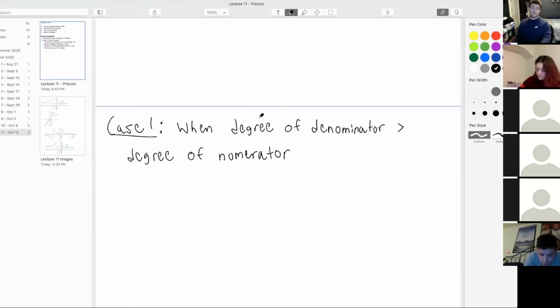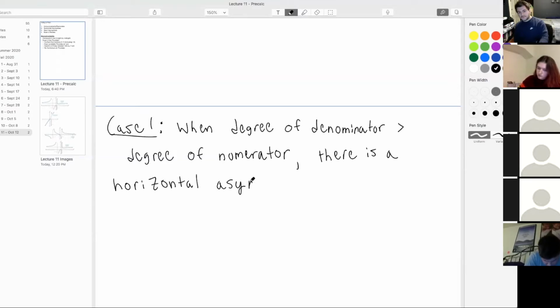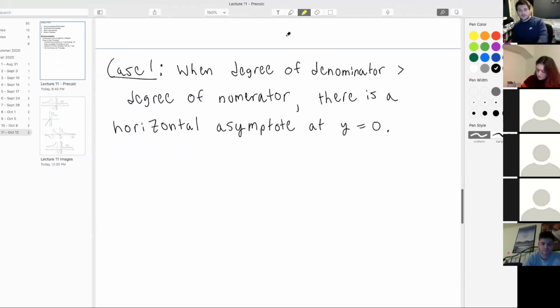When this happens, when the denominator polynomial has a strictly greater degree than the numerator polynomial, there is a horizontal asymptote at y equals 0. Okay, so that is the conclusion here. You get a horizontal asymptote at y equals 0.